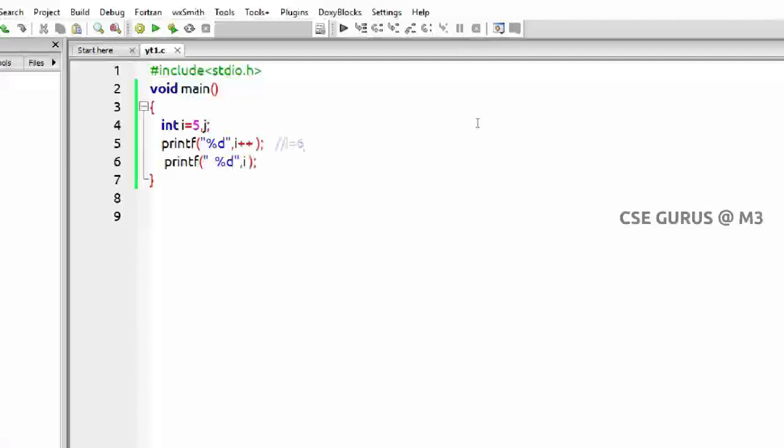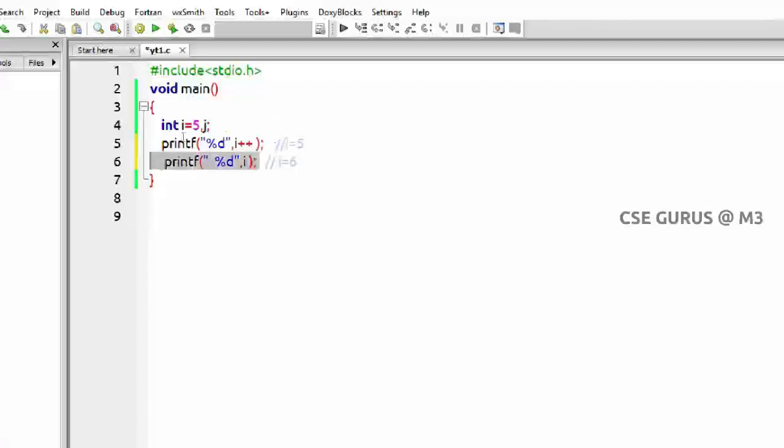Here the i value is 5, so 5 will be taken, afterwards incremented for the next. So here it is printed as 5, and here the value will be printed as 6. Like this it works for increment and decrement operators.